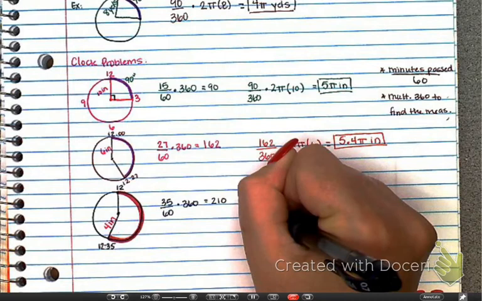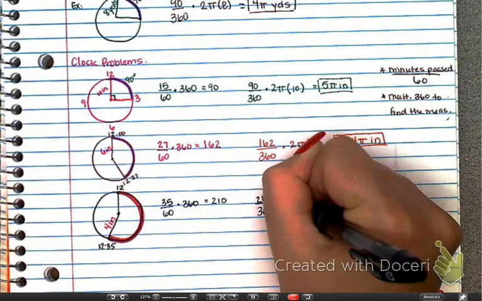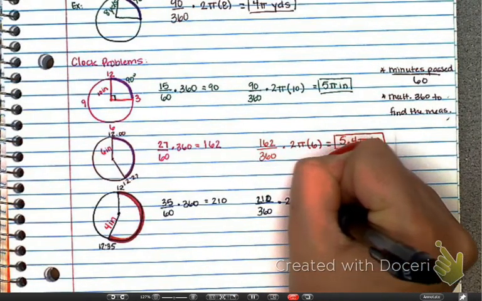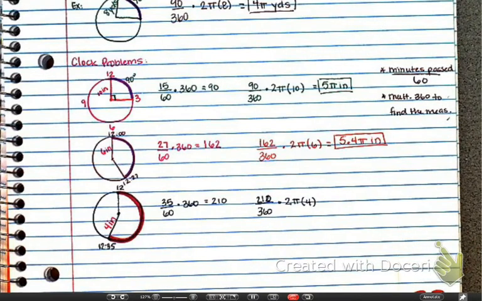So you're going from 12 to 12:35, and your minute hand is 4 inches. So see if you can go from start to finish.